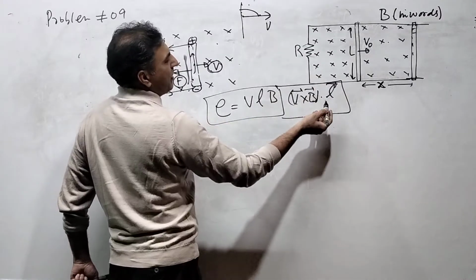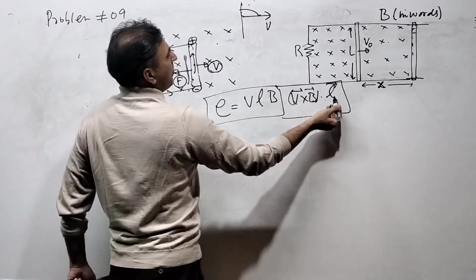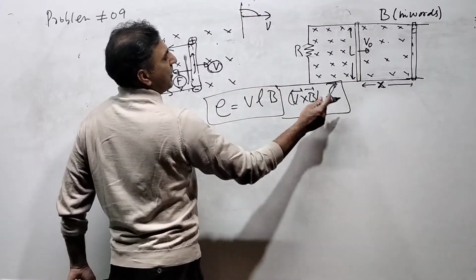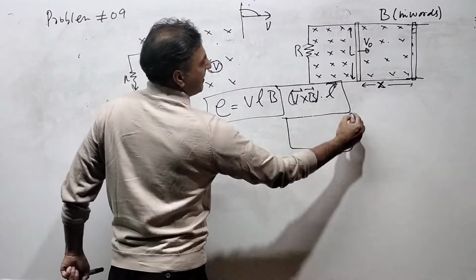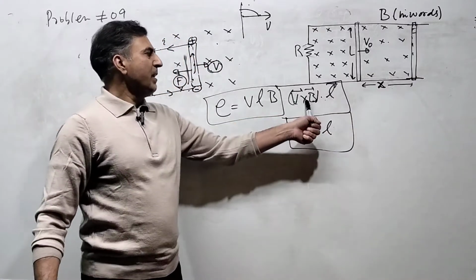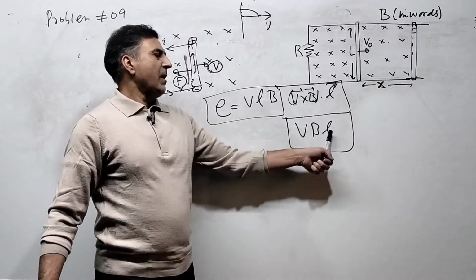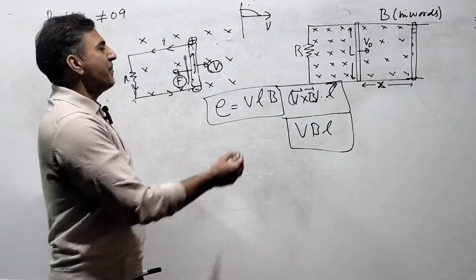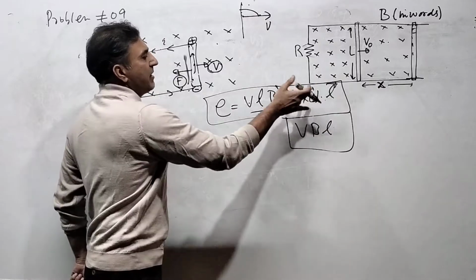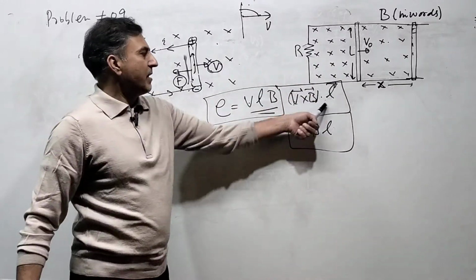L is also perpendicular. V cross B, जब निकालोगे वो L को parallel हो जाएगा, so that will be simply VBL. It's a special case when L, B and V are mutually perpendicular. But in general, induced EMF is given by this relationship.